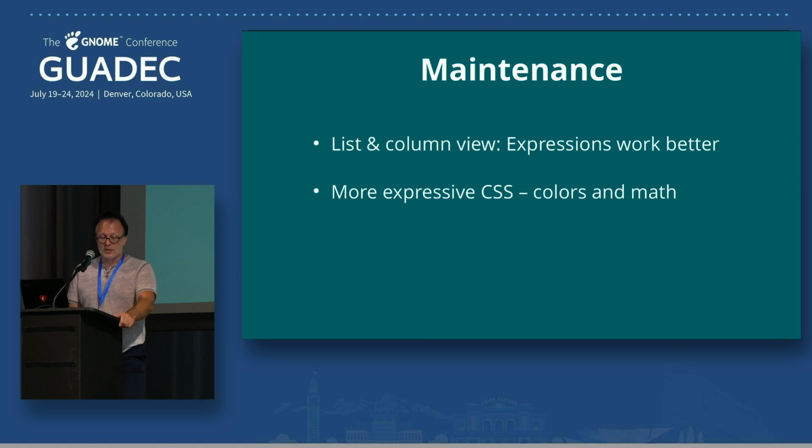And that lets us deprecate our homegrown named color and color expression machinery, which is good because we don't want to deviate from CSS as it's on the web, if we can help it, because that's what everybody knows. And this work was done by Alice as part of the SDF initiative, so thanks for supporting GTK in that way.